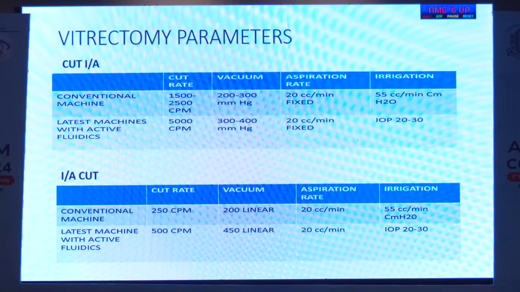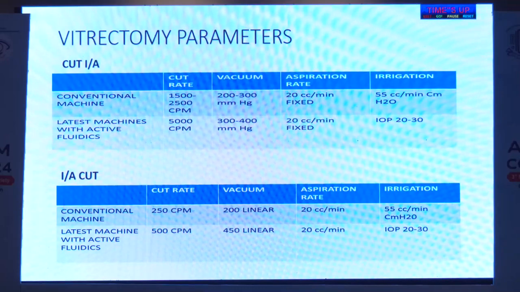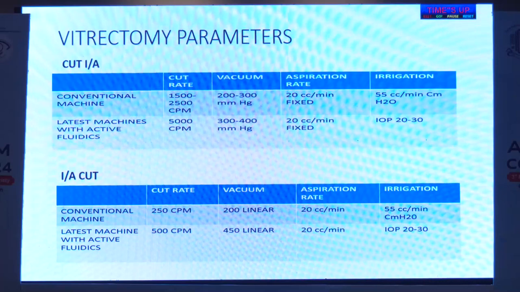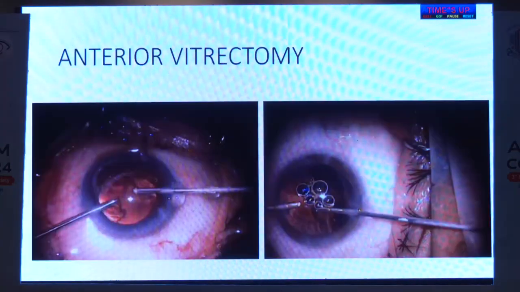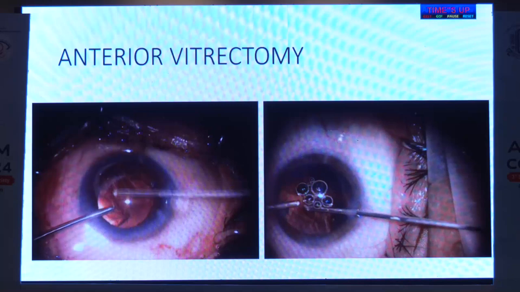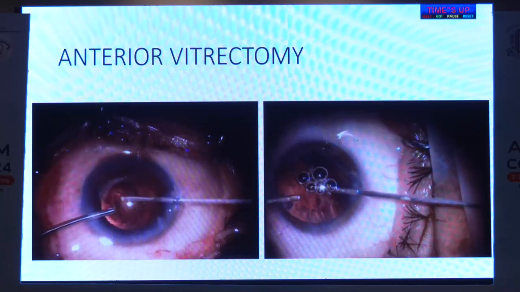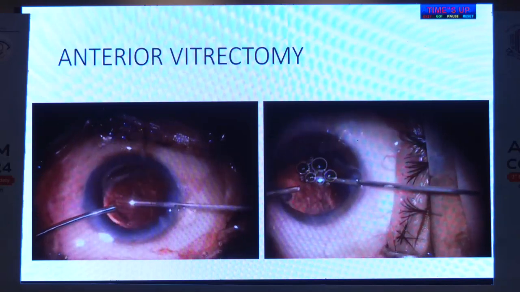For your conventional machines, it is 1500 to 2500 cuts per minute. But with the newer phaco machines with active fluidics, you can go up to 5000 cuts per minute. So this is anterior vitrectomy going on, and this movement of the vitrectomy port is allowed only in foot position 2 when you are doing the cutting.